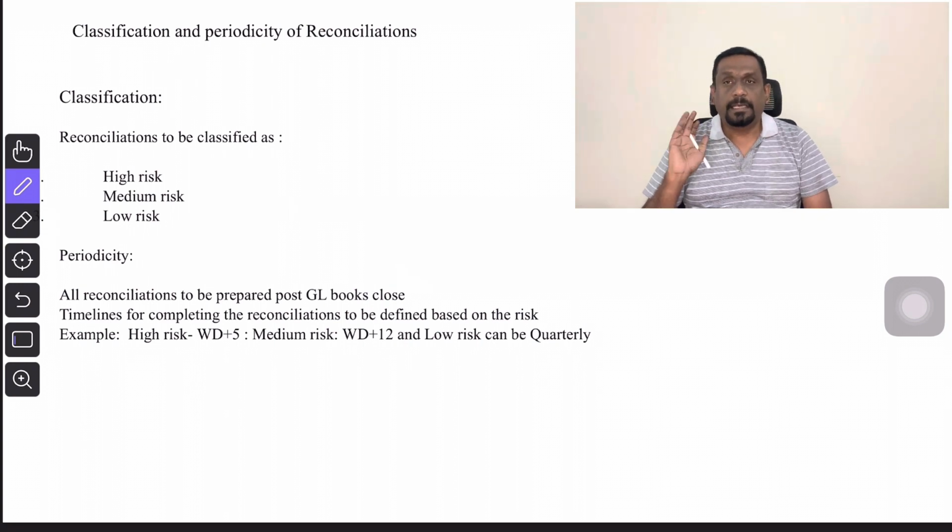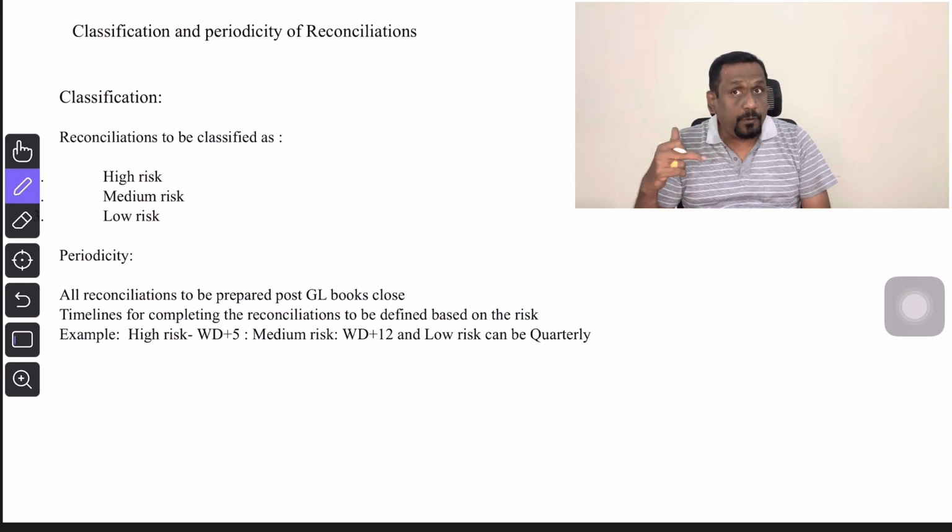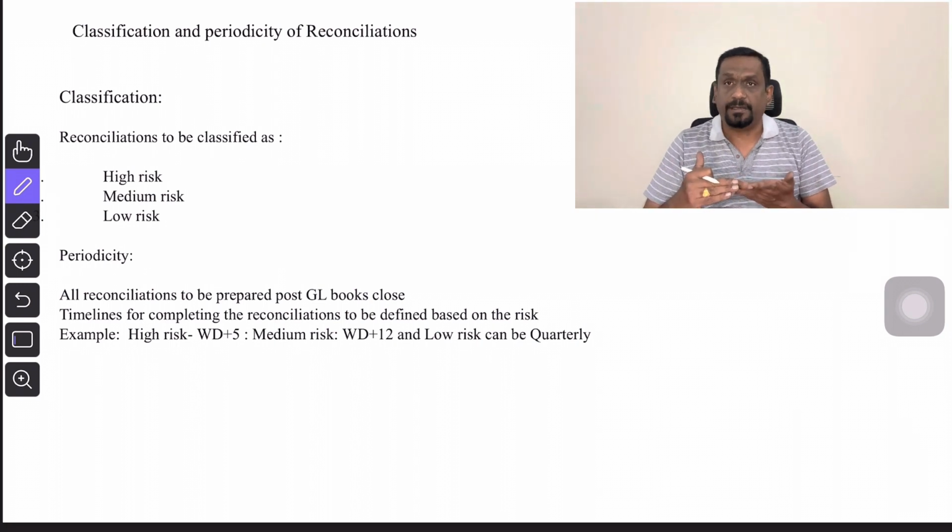Right? Next one. Most important point, you need to keep reviewing these reconciliations, I mean high risk, medium risk and low risk, on quarterly basis or yearly basis, and decide whether the risk previously defined is okay to continue or whether there are any changes to be done.